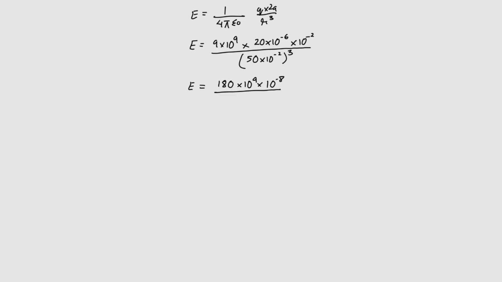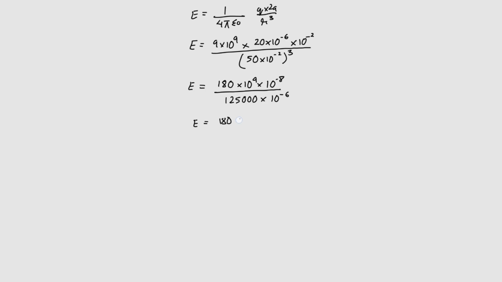The value of 50 cube is 1, 2, 5, 0, 0, 0 into 10 to the power minus 2 cubed, which is 10 to the power minus 6. And E is equal to 180 into 10 to the power 9 into 10 to the power minus 8.